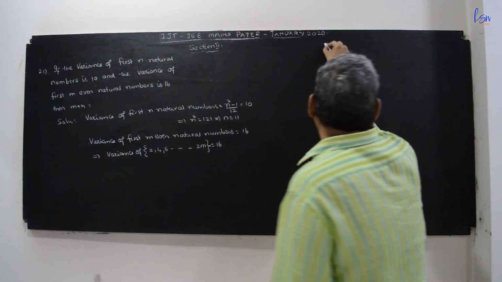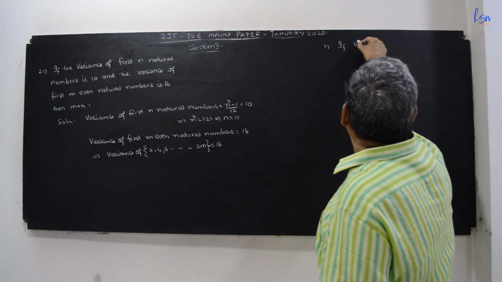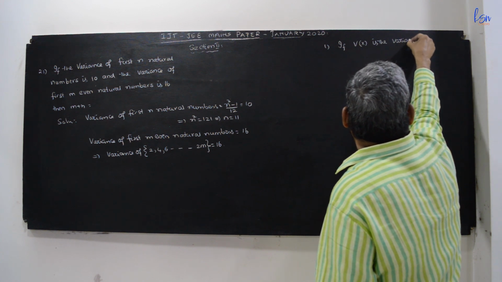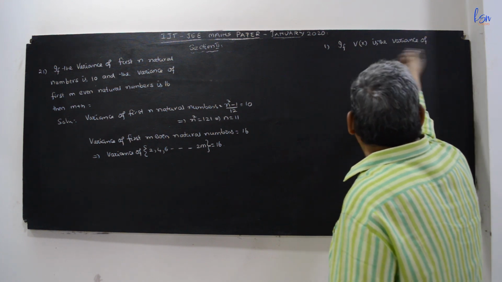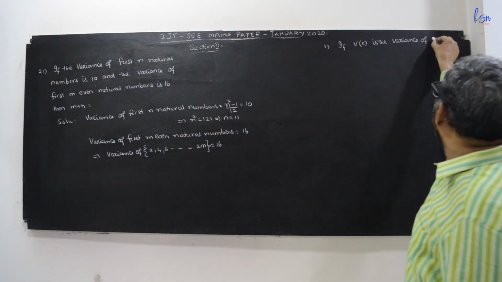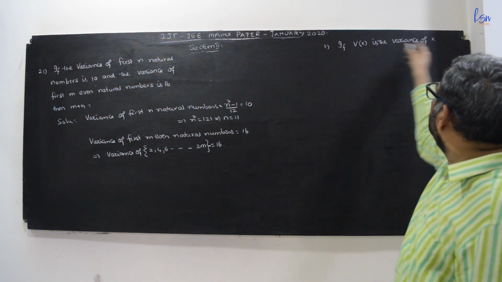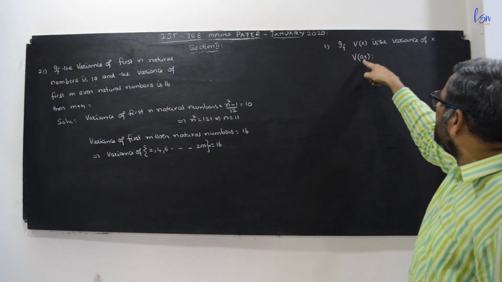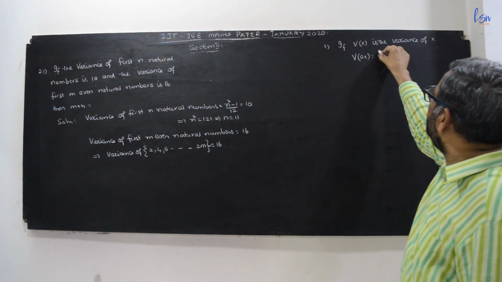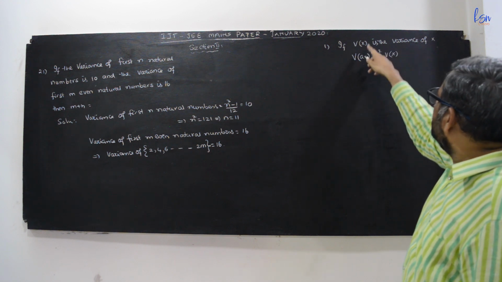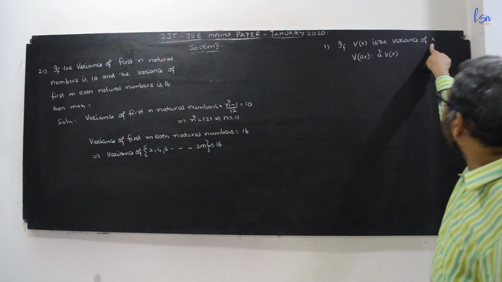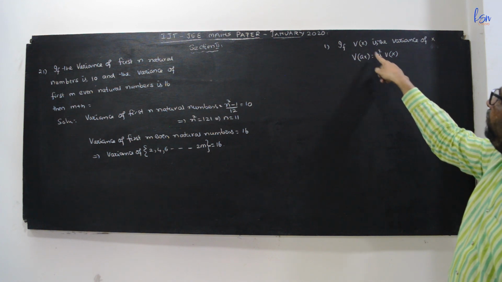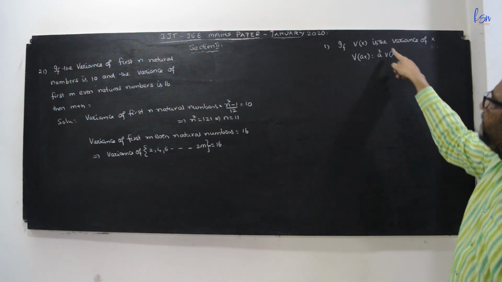Now the formula is, if v of x is the variance of a given set of numbers x, then if every element of this collection is multiplied by a, the variance of the newly obtained series becomes a square into variance of x.